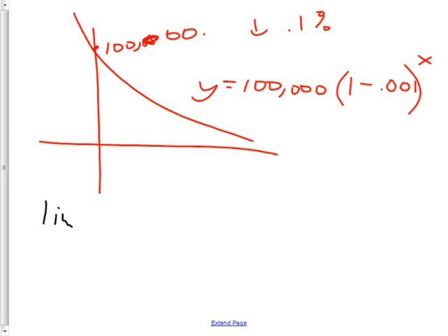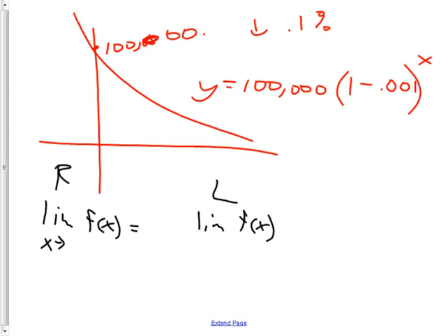Your limits always start with lim of the function as x goes to. So there's the right limit and there's the left limit.